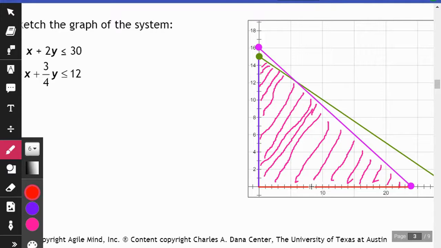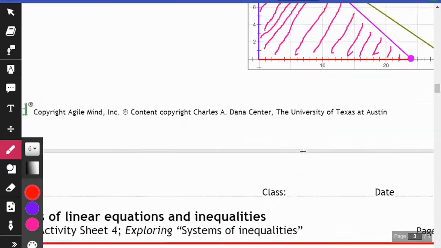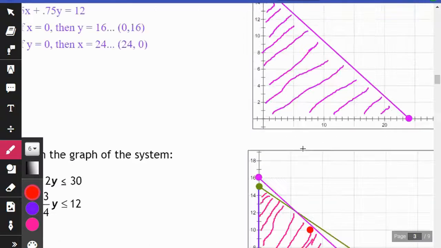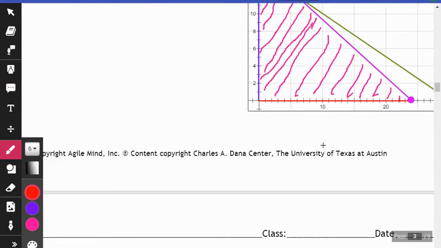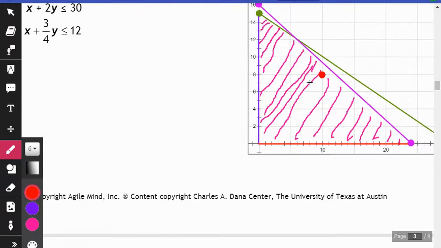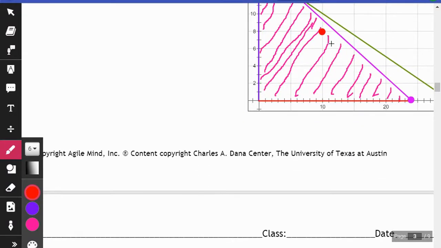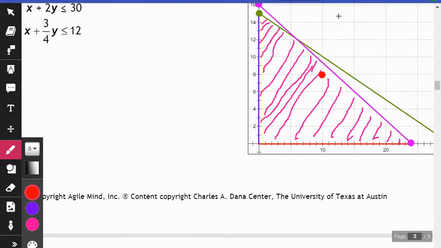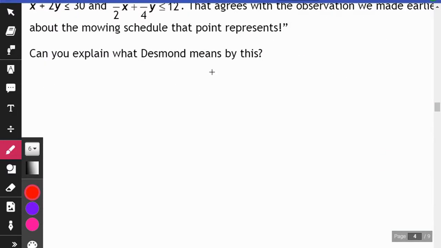Was it (10, 8) or (8, 10)? (10, 8). Whoops. (10, 8). That's right here. Notice it's below the lines, isn't it? So if it was above the pink line, then Shelley couldn't do it. If it was above the green line, then Desmond couldn't do it. So since it's below both lines, then it must work.